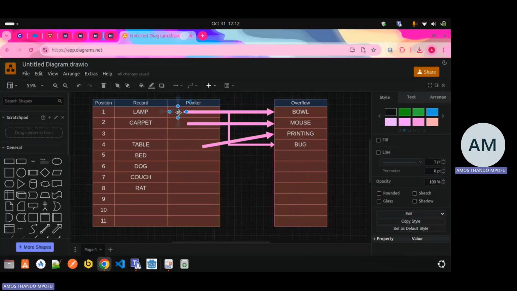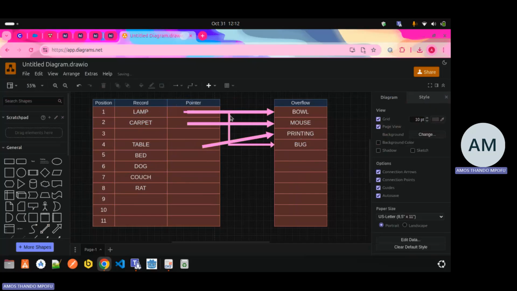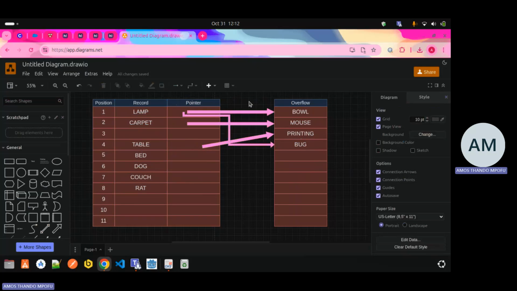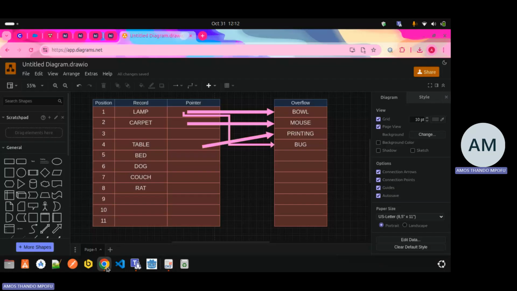Or I can just use a, so let me see. Okay, I think that's fine. But just know it's coming, as you can see, it's going from 1 and it goes to bug. So yeah, this is pretty much how the diagram should look. Obviously on paper it's going to look a bit better, but this is the answer.